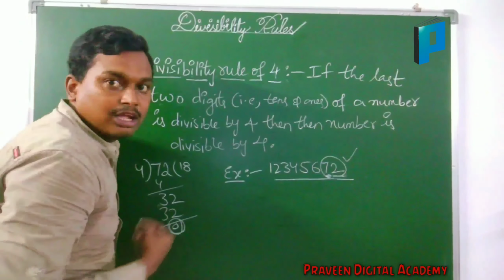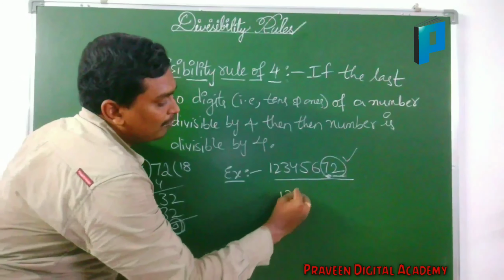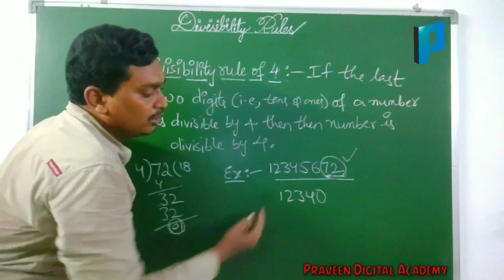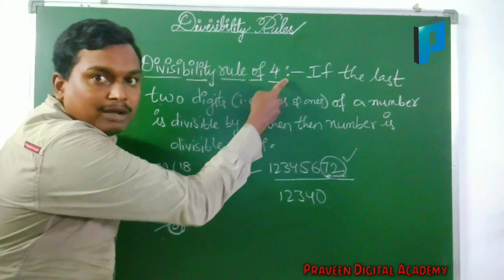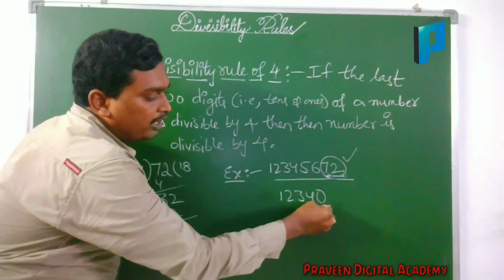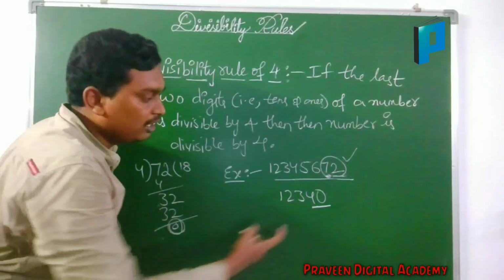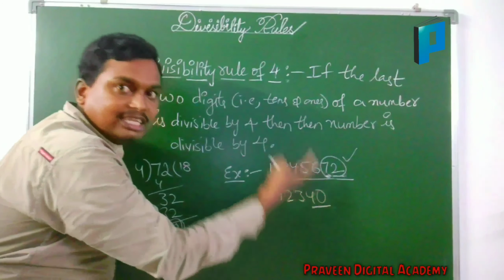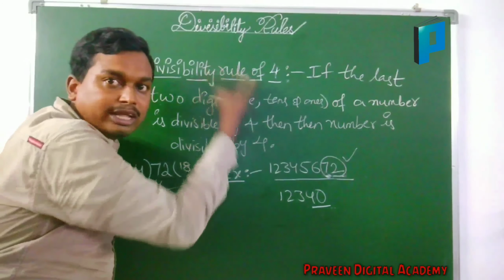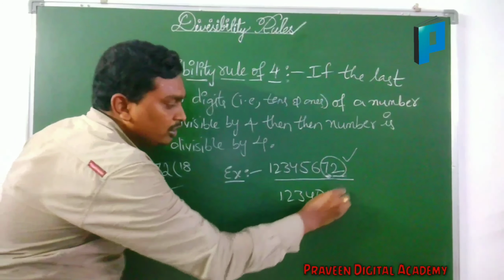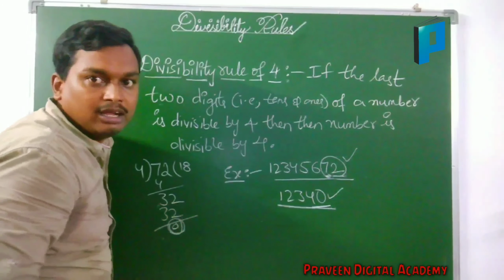If you are having one more number like this, 1, 2, 3, 4, 0. Whether this number is divisible by 4 or not, you should say. What are the last two digits we are having here? 40. This 40 is divisible by 4. Yes, 4 tens are 40. So this total number is divisible by 4.